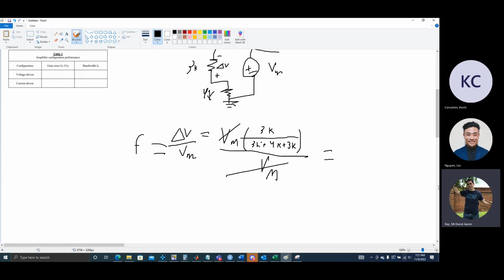So it's going to be 10, or 3K over 10K. Mouse is really bad for drawing, not going to lie. So then the K's are going to cancel out, and that's going to get you a frequency of 0.3 hertz.